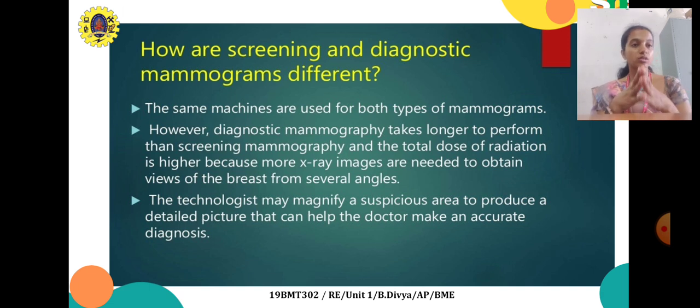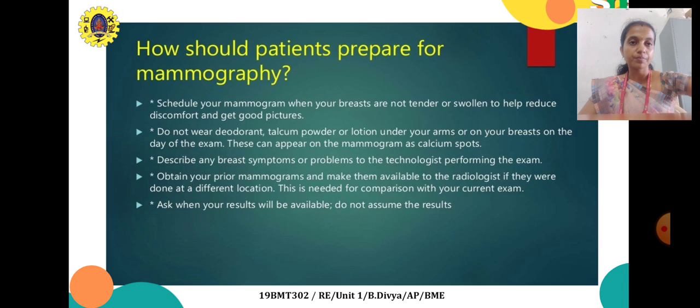The technologist may identify the area where the cancer cell is present and make a detailed picture that can help the doctor make an accurate diagnosis of what is present. This is the difference between screening and diagnostic mammography.